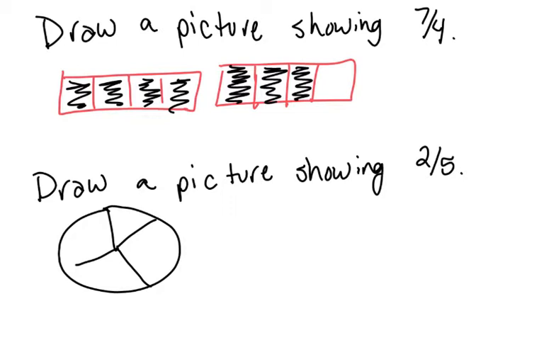I'll just go ahead and erase that guy. Okay, so I've got 5 pieces, 1, 2, 3, 4, 5, and then I'm going to need to color in 2 of those. So if it's a proper fraction, we're a little bit more used to that. It's a little bit easier to draw those.